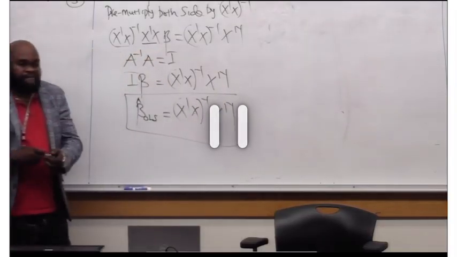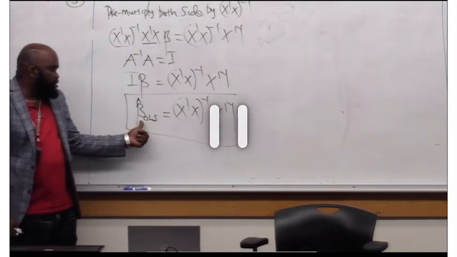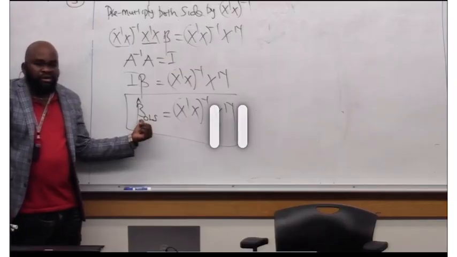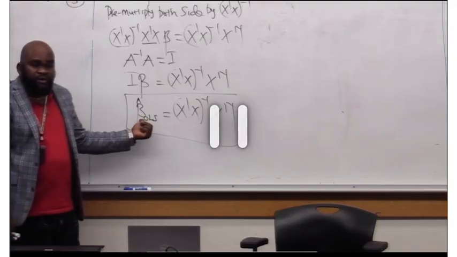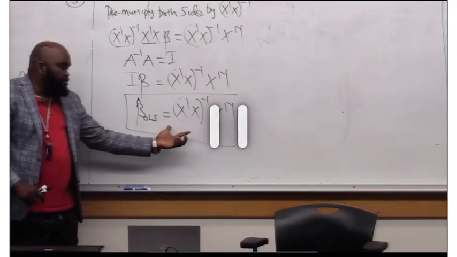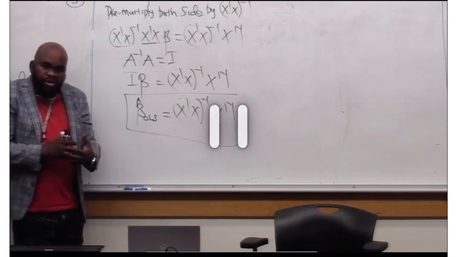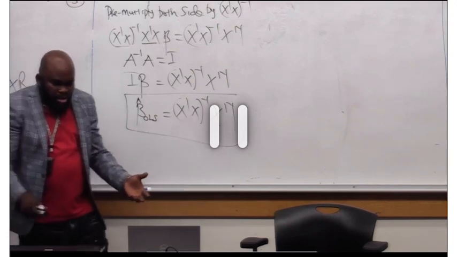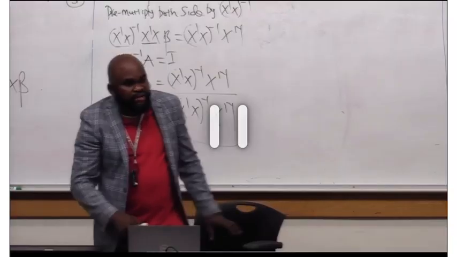Now, this is the formula. This is an estimator. This guy is going to give me what I'm looking for: beta naught, beta 1, beta 2. I'm going to get those simultaneously, which is equation 3.10.